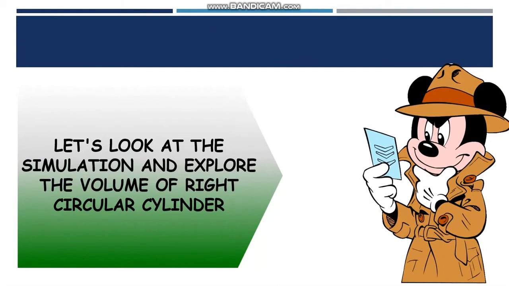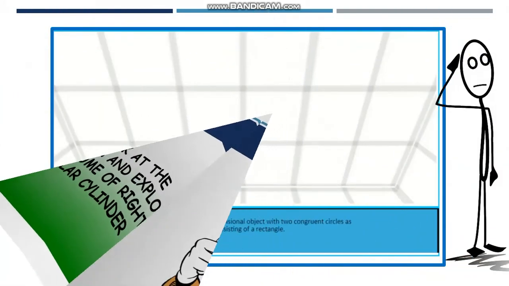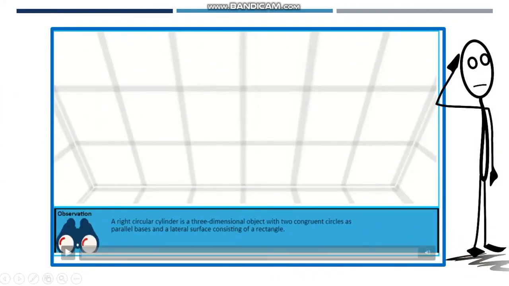Let's look at the simulation and explore the volume of a right circular cylinder. In this simulation, I expect you to explore a relationship between what we know from previous lessons and previous grades and what we are learning now.